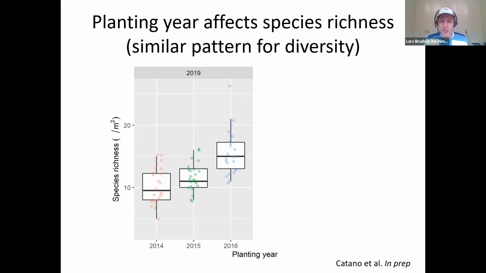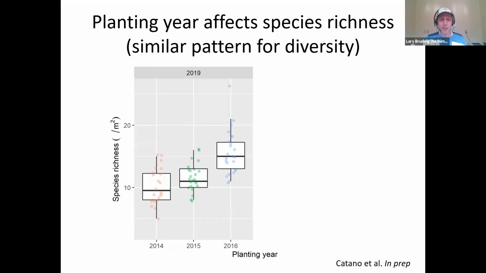So that raises the question here, are the 2016 plots different because they're younger or because they were planted in 2016 per se? This might be challenging for something like species richness, where we know this general pattern in prairie reconstructions of a decline in richness with time, at least for reconstructions that are seeded only once at the initiation.